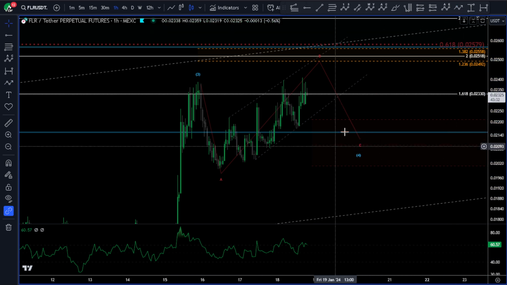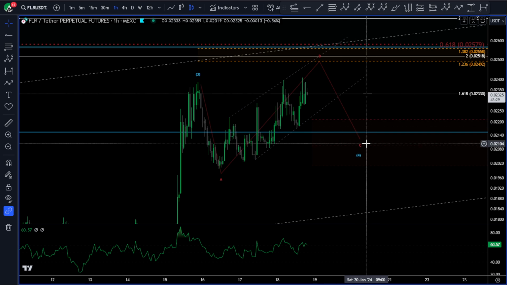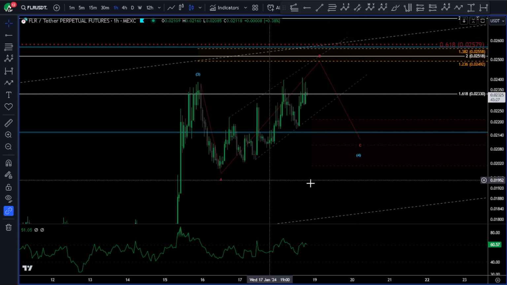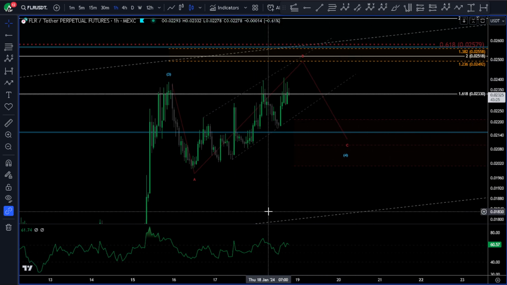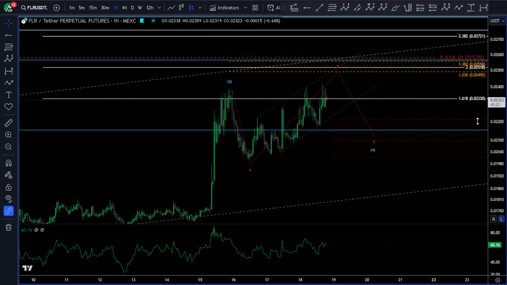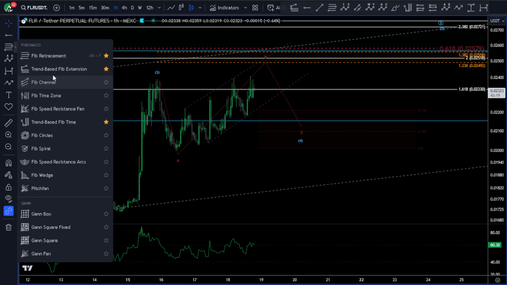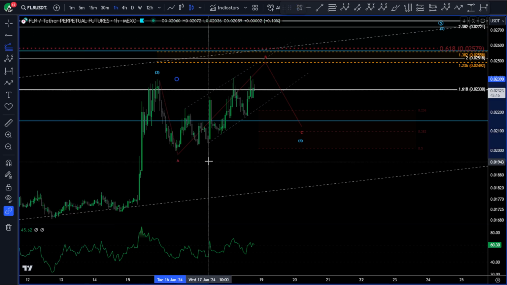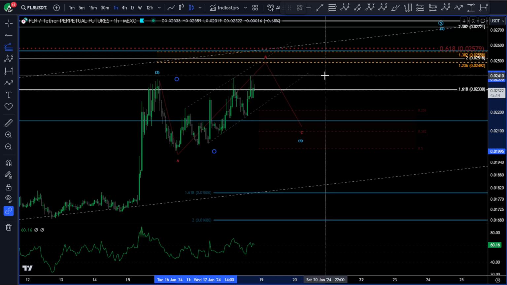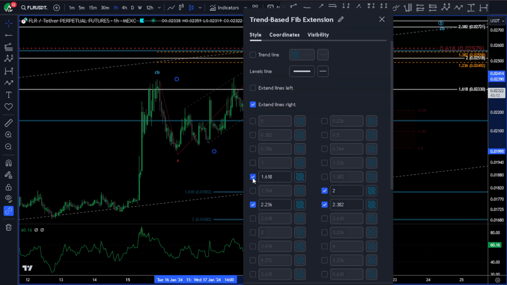So that's what I'm looking at, guys. I might look to long this depending on what pattern fills out here. I need more information, more candles to fill out before I can get confident on anything. But when we do fall, what I would look for is a 1-to-1 extension of this A wave off the B, wherever it ends.